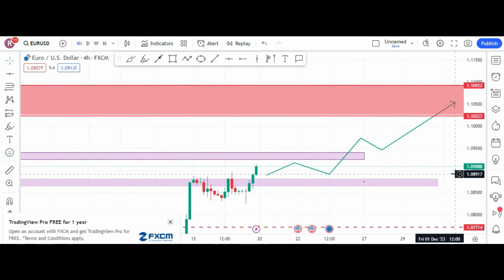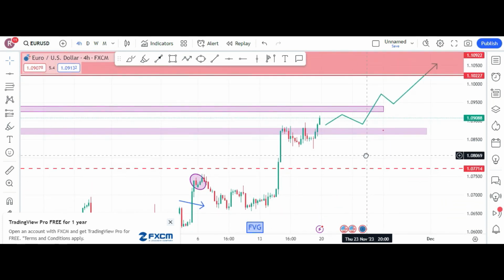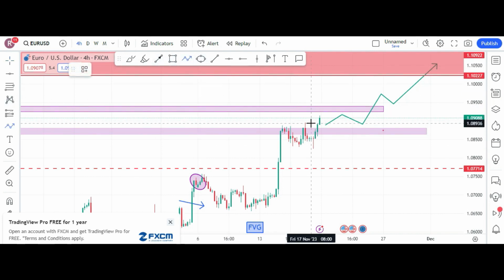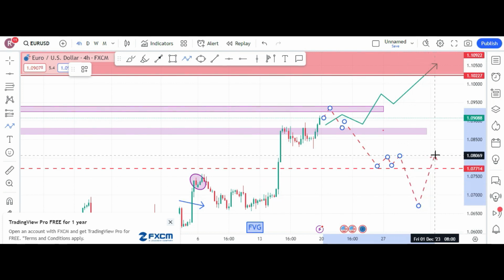However, the market is never predictable. We make our best estimation based on the price action. So there is maybe another area where we can see that it will come here, test, and maybe it will come back to this zone, try to retest, then maybe it will come and grab, then it may go up, I don't know.